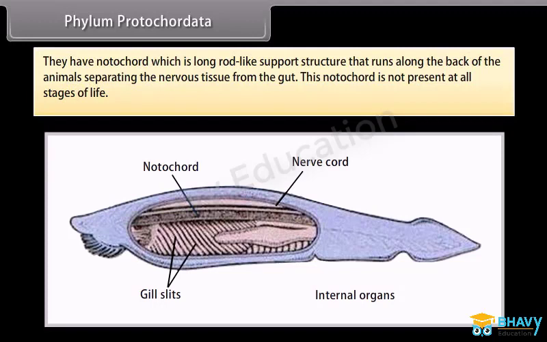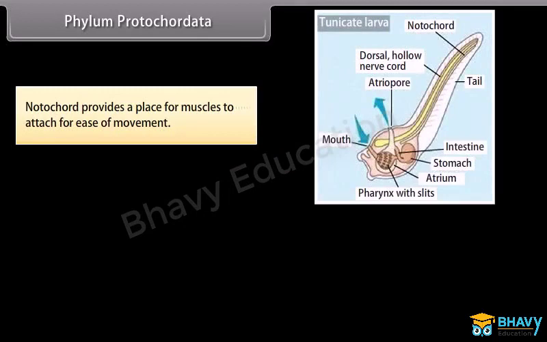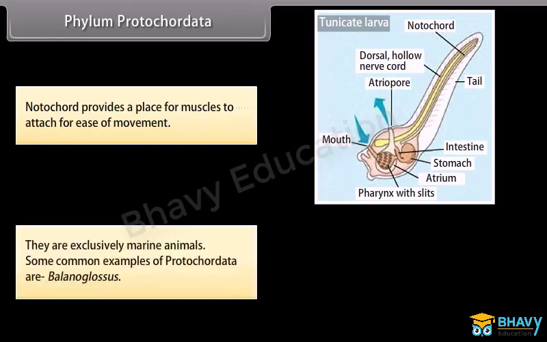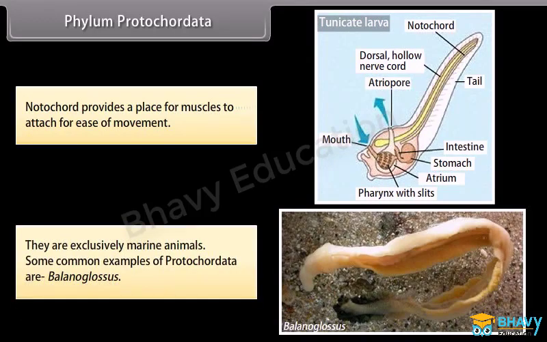This notochord is not present at all stages of life. Notochord provides a place for muscles to attach for ease of movement. They are exclusively marine animals. A common example of Protochordata is Balanoglossus.